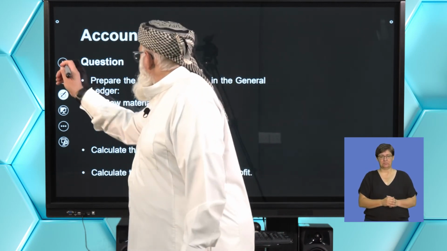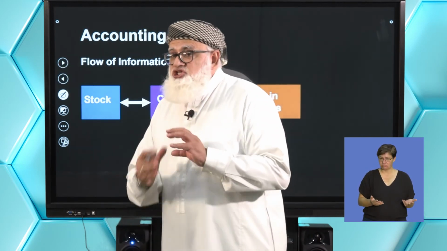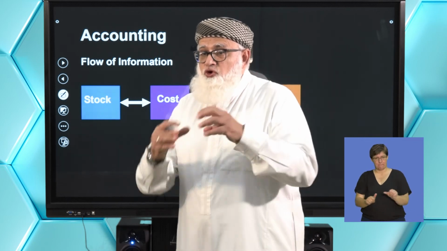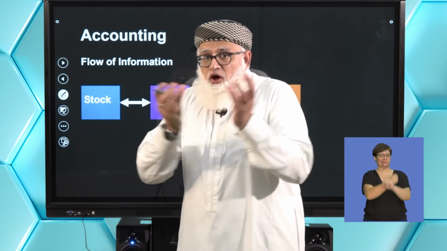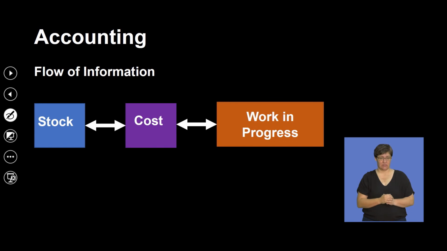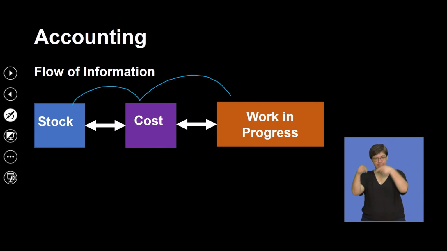Okay, now, again, just a flow of information to give you a concept idea of what we're dealing with. Remember, it's from your stock account into your cost account and finally into your work in progress, right? That information is important so that you know how to deal with the information that is required. Okay.